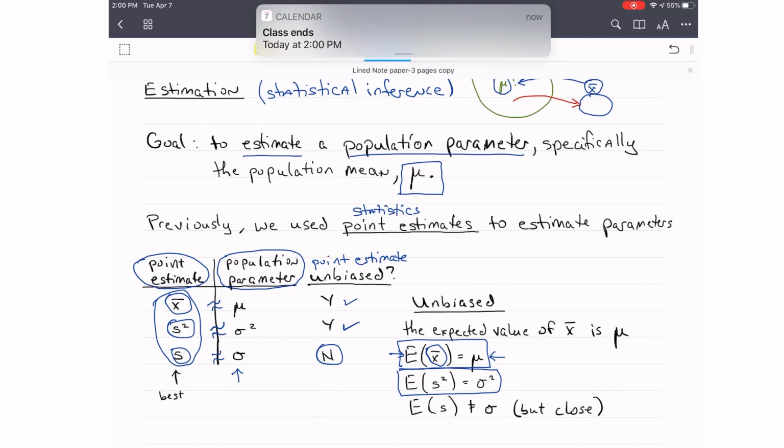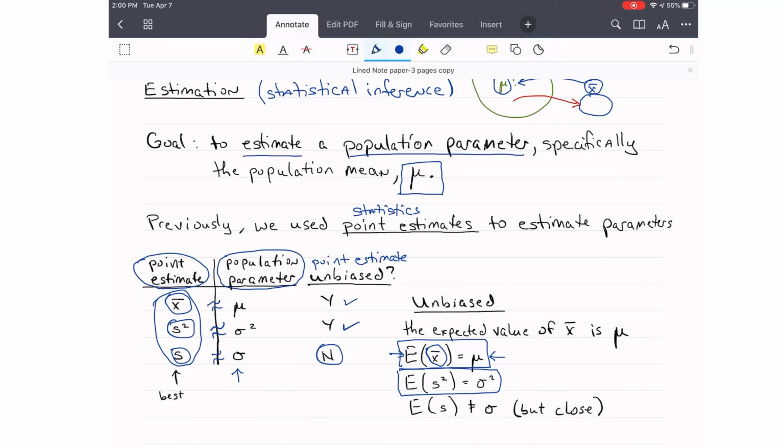So they're the same. Now, if I take and rewrite this as E of X bar minus mu, in this case, this is going to be equal to 0.